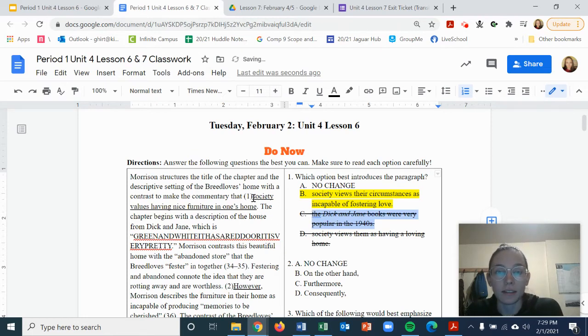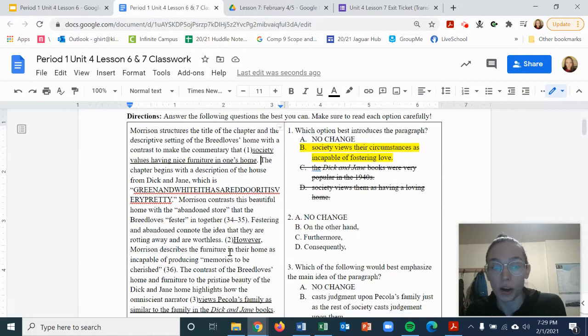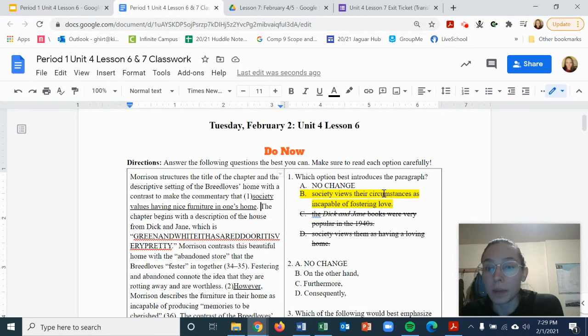And then this other option, society values having nice furniture in one's home. That's again related, right? Because this paragraph does talk about the furniture, but the main idea is really about the family. Society views their circumstances, the family circumstances, as incapable of fostering love. So that answer is B.